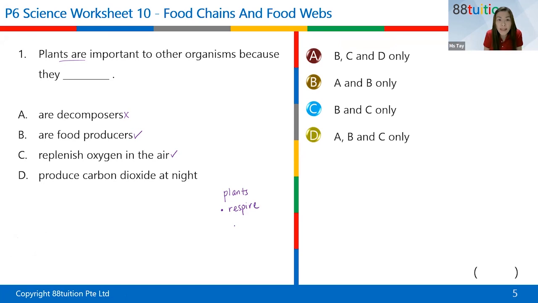They carry out respiration. So remember, you learned this before, respiration. Plants take in oxygen and give out carbon dioxide all the time, even during the day when it's making food. Even when they are photosynthesizing, they are also breathing. So they always take in oxygen and give out carbon dioxide.